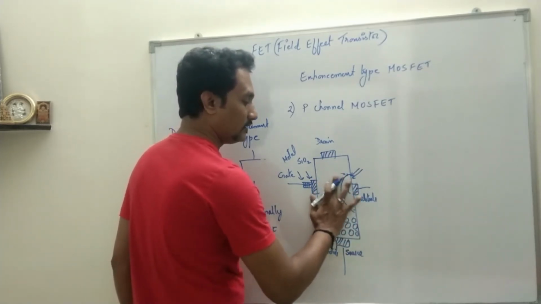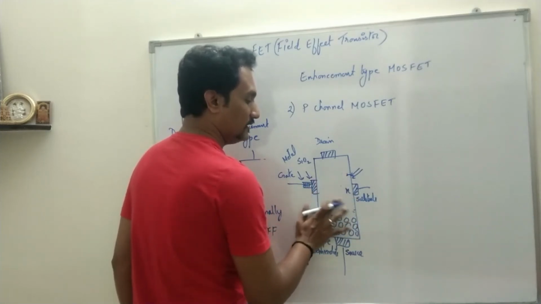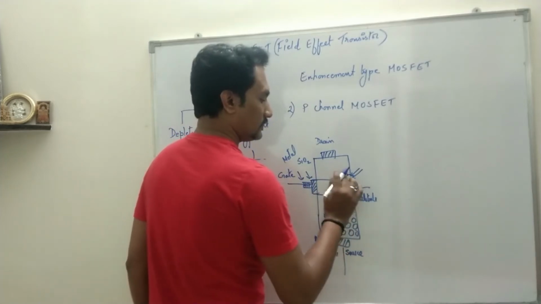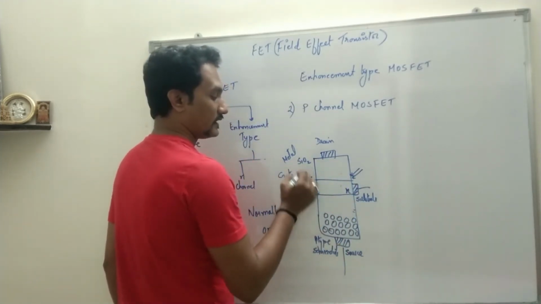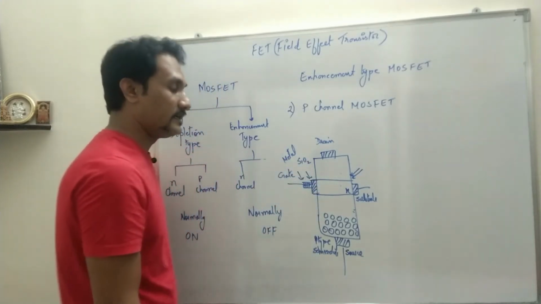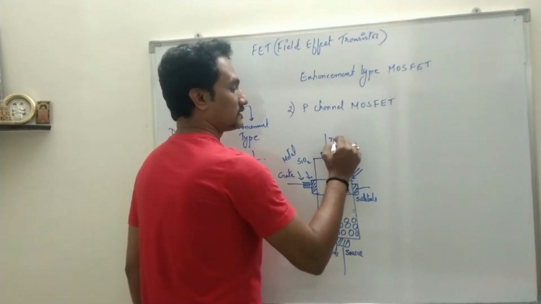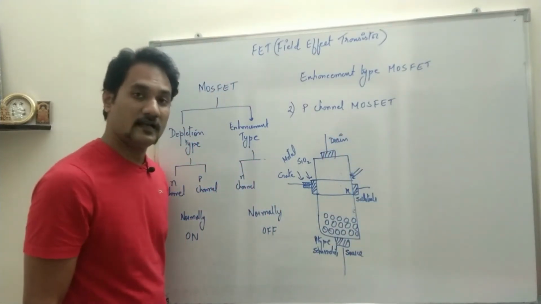At some point the channel width will be 0, and this N channel will almost extend towards the capacitor formed by metal oxide semiconductor. Okay, so these are the construction details of your P-channel MOSFET.